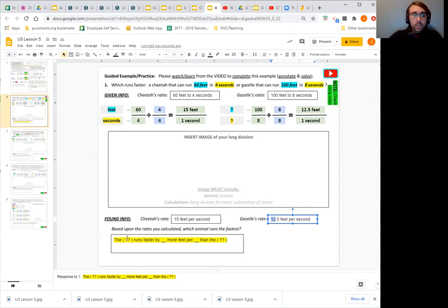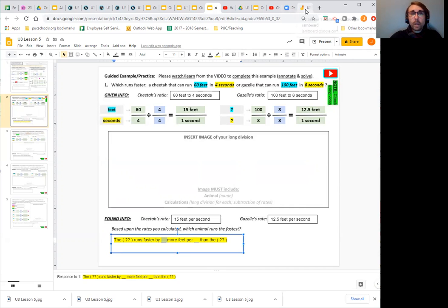So the cheetah is what I would put here, runs faster by blank more feet per second. You'd want to put second here, blank more feet per second than the gazelle. So the only thing I'm going to for sure type in is what we get here, because I want to make sure that it's clear what we get from that. So we want to figure out how many more feet the cheetah can accomplish or run every single second.